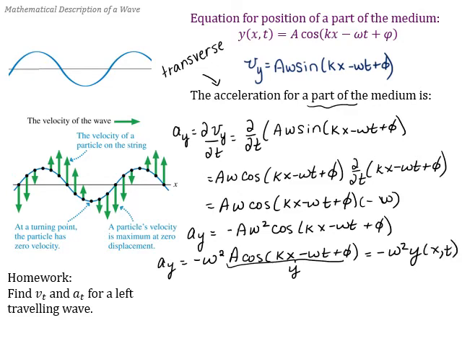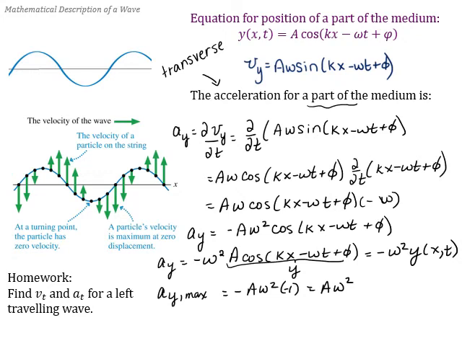That's the same kind of form that we have in simple harmonic motion. For transverse maximum acceleration, that would happen when your cosine term is equal to negative 1, and would give us A times omega squared. Remember, cosine can go between plus 1 and minus 1. Those are the two extremes.